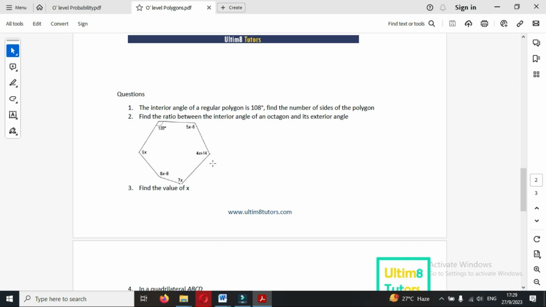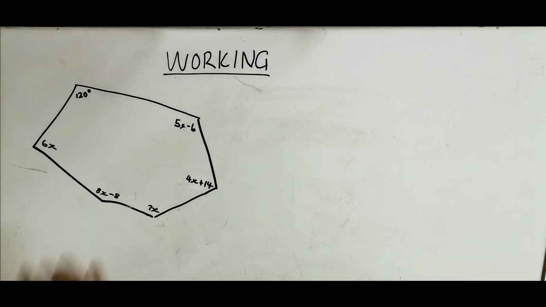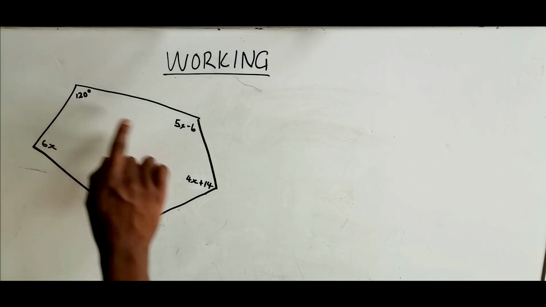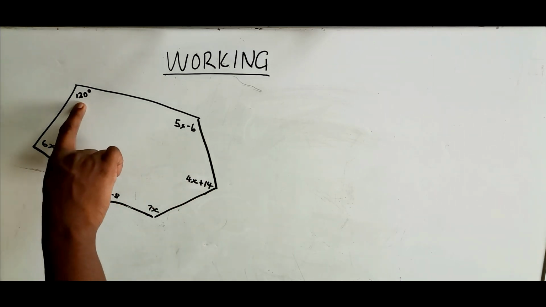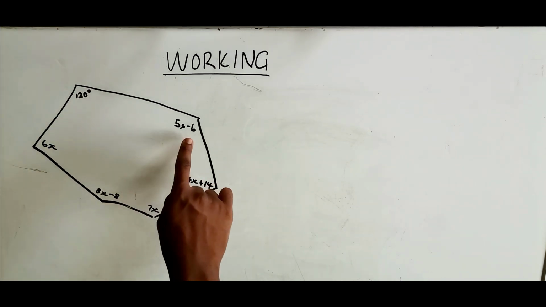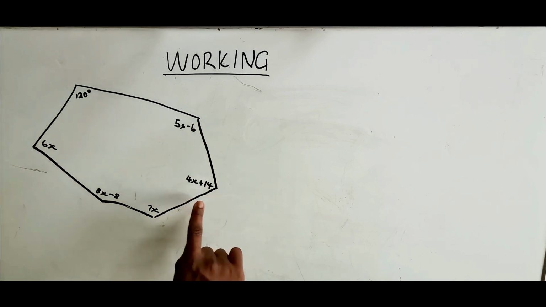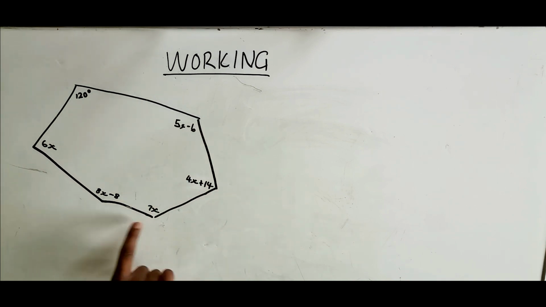As you can see, some of those are degrees, some of those are algebraic. I've drawn the shape how it is on the paper, and then I've put the angles inside. So here we have 120, here we have 5x minus 6, here we have 4x plus 14, 7x, 8x minus 8, and 6x.